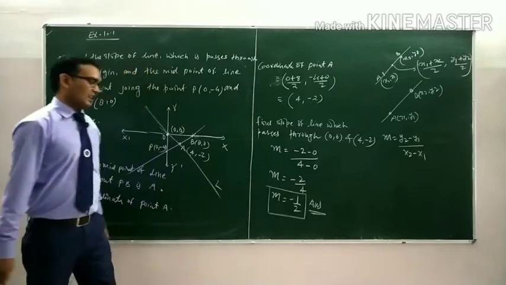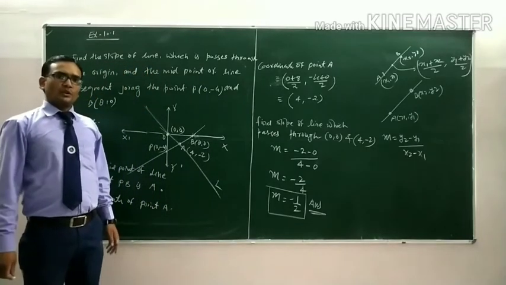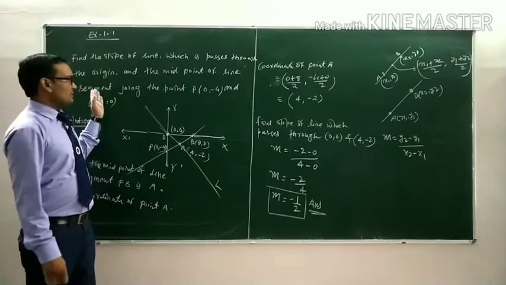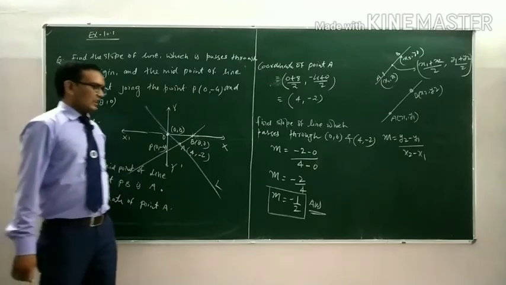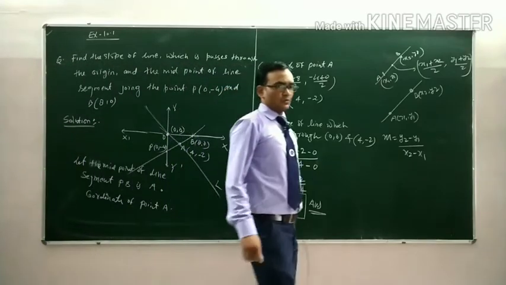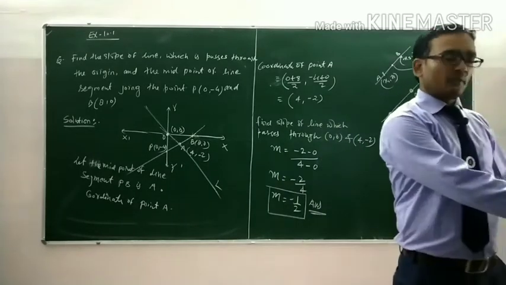The slope of the line which passes through (0, 0) and the midpoint of the line segment joining the points P and B is m equal to -1 by 2. Okay students, let us move to question number 7.